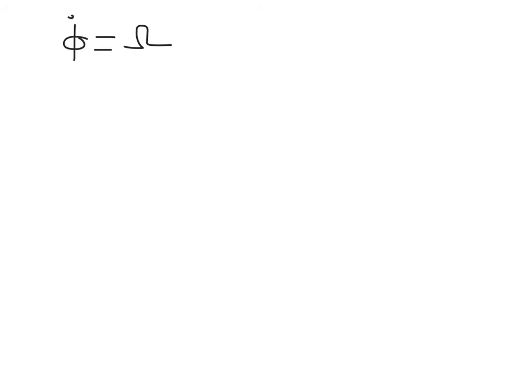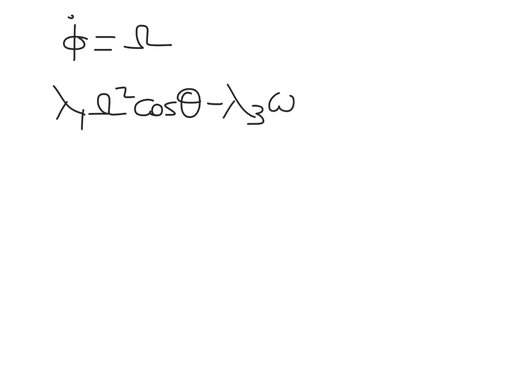And so we get this expression, lambda 1 omega squared, which remember that's phi dot squared, cos theta, minus lambda 3 omega 3 times big omega plus mg r, and that's got to be equal to 0. So this is an equation that's quadratic in big omega, and so what we're interested in now is solving for the precessional frequency.